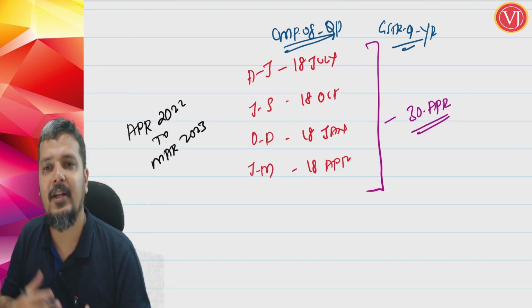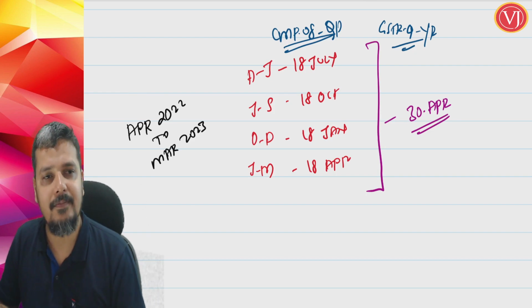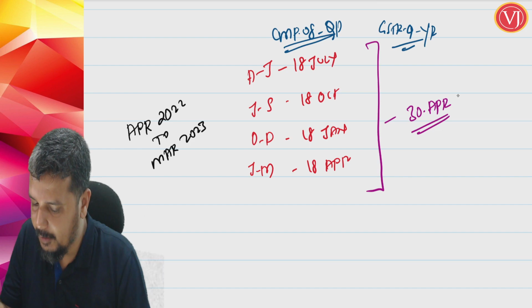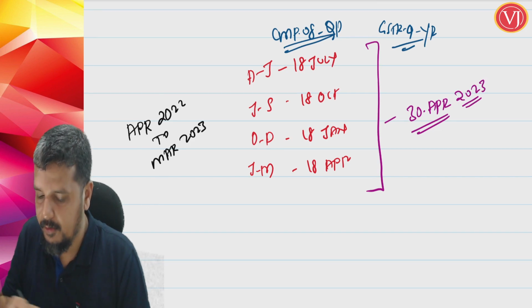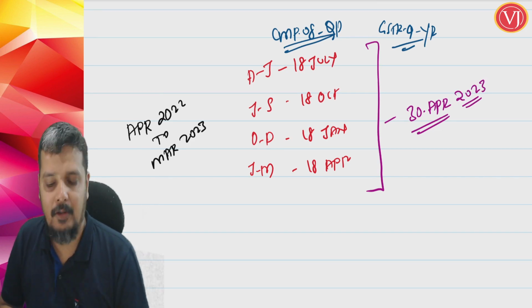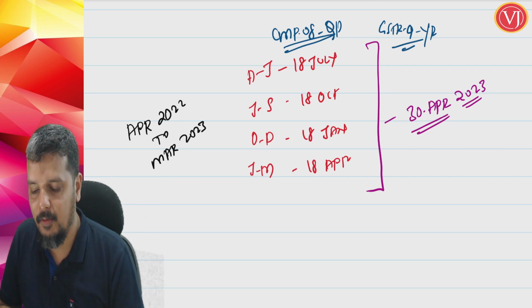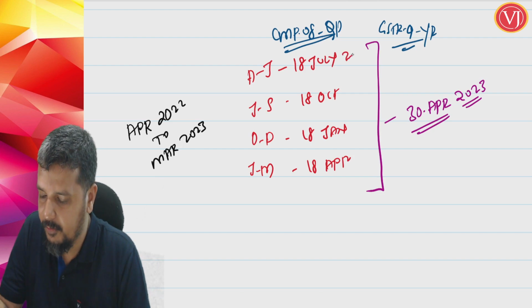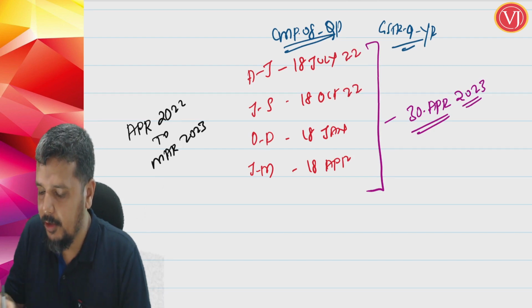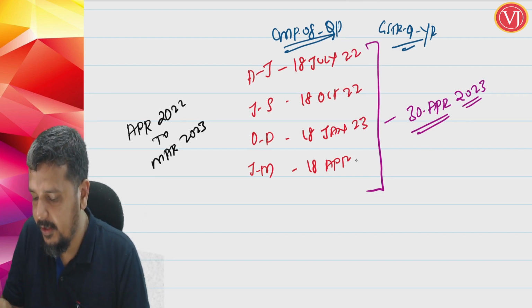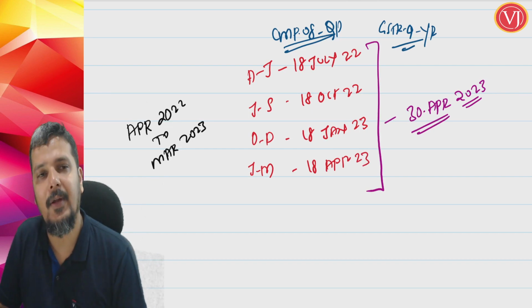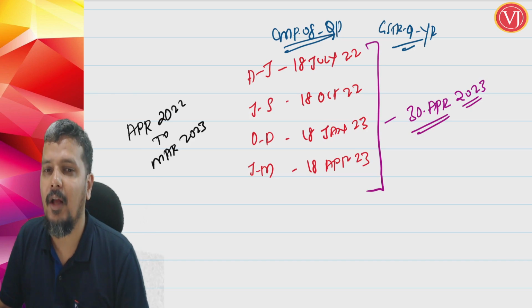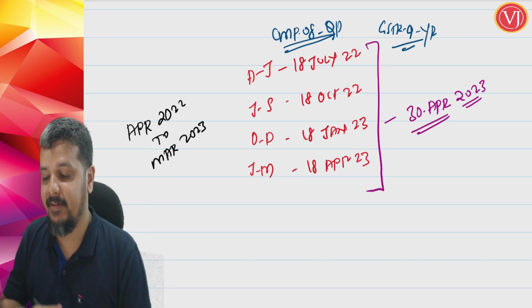You have 30 days time after the financial year is over. To be very specific, 30th April of 2023, because the example we have taken is April 22 to March 23. And for CMP 08, it is 18th July 2022, 18th October 2022, 18th January 2023, 18th April 2023. That is when you are talking about your composition taxable person.